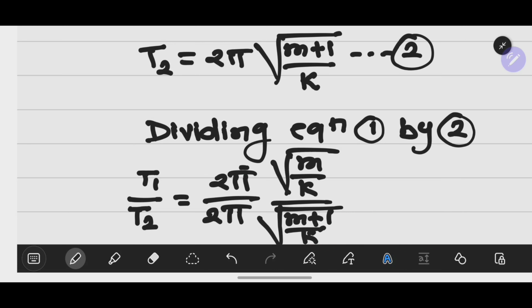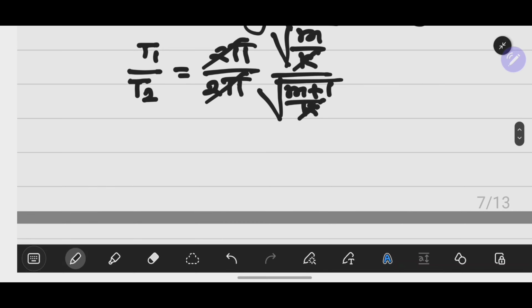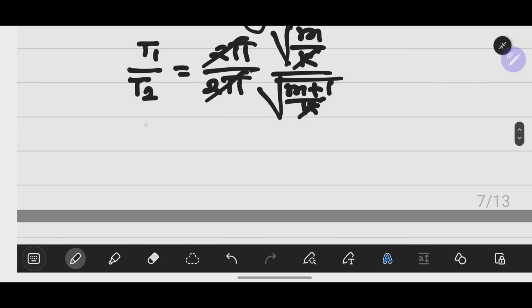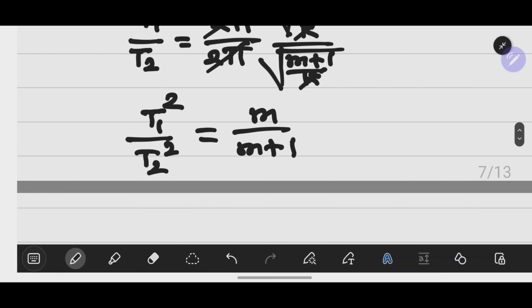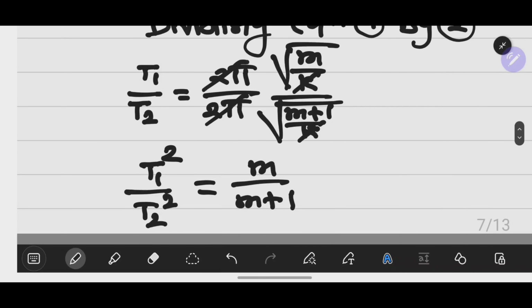The similar terms get cancelled, obviously k also gets cancelled. If we square that, T1 square upon T2 square is equal to m upon m plus 1, the square root going away when we square this.